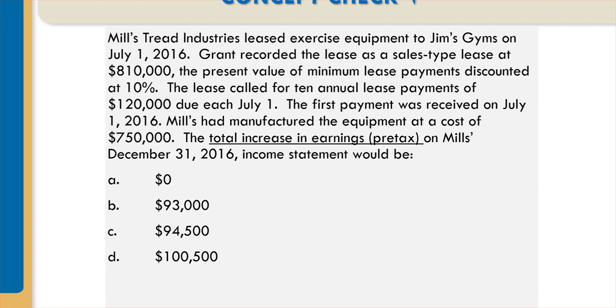And it gives you the present value, and it tells you that the payment is due up front. So it's an annuity due situation. And in this, they also have a cost. And the cost of the thing is $750,000. So this thing is going to be cost of goods sold at $750,000, and the thing is going to be sold at the present value of the minimum lease payments discounted, and that's 810.